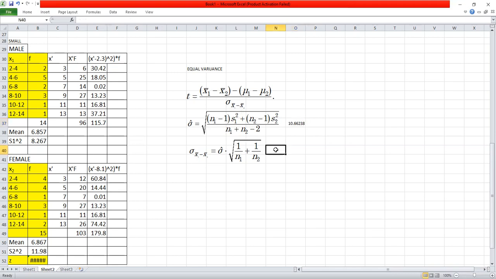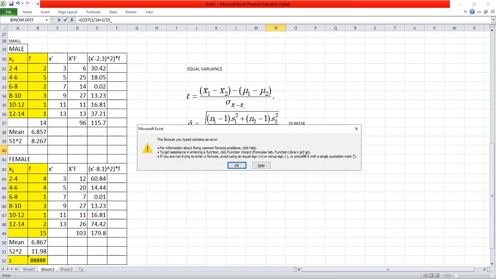And this one is equal to bracket, this figure, which I've calculated, times 1 divided by 14 plus 1 divided by 15, bracket.